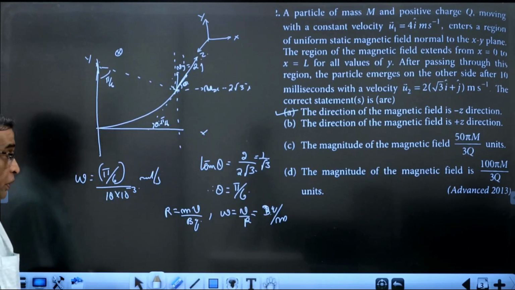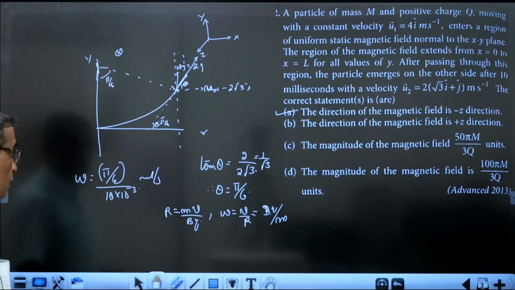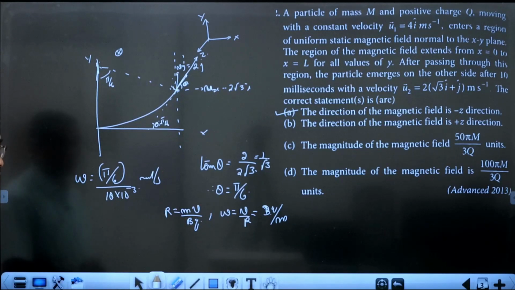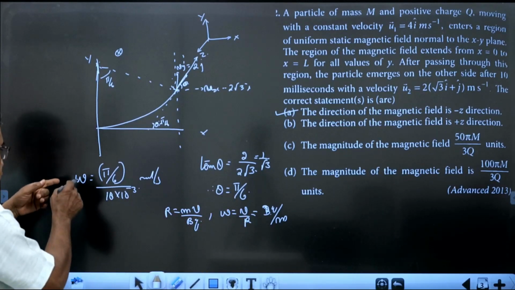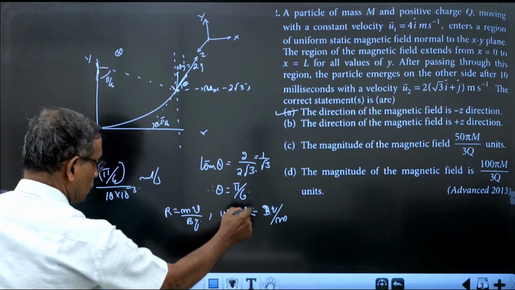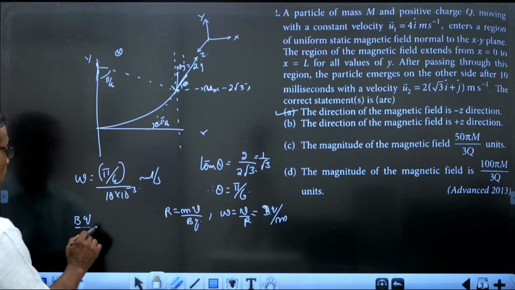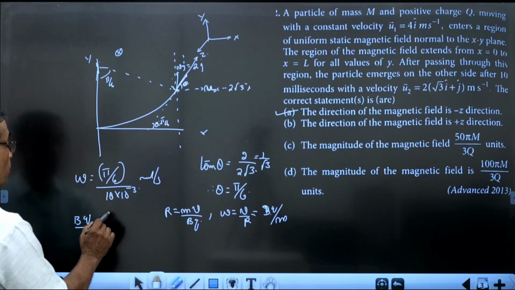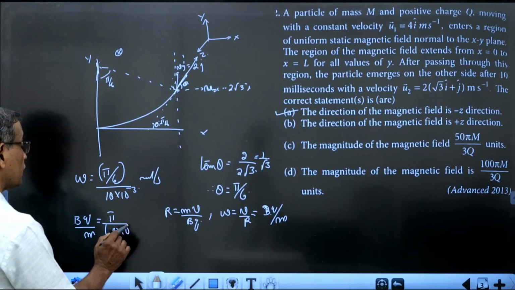So Bq by m is equal to v by r, which is equal to omega. Now substituting for omega in this equation, you get Bq by m is equal to pi by 60 into 10 raised to minus 3.